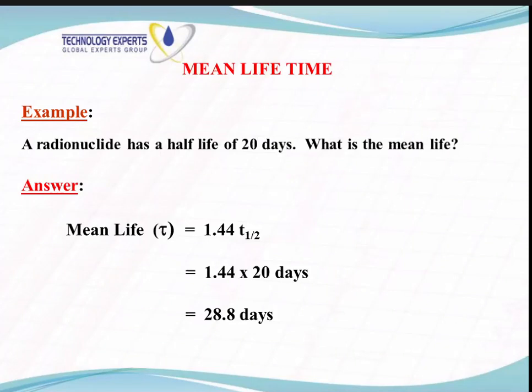Okay. You will ask, for example, do I need to memorize all these equations? Activity equals lambda N. Lambda equals 0.693 divided by T half, or T half equals 0.693 divided by lambda. And the mean life is 1 over lambda, or 1.44 T half. No, you don't need to memorize any of this.